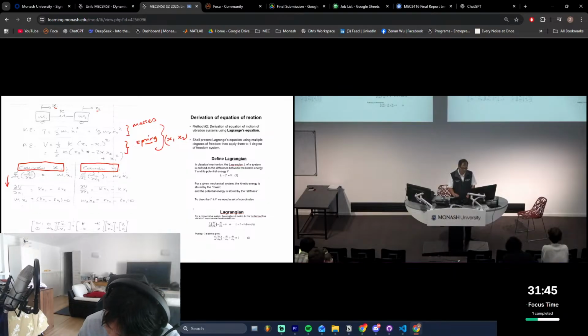So this is m1 x dot 1, m2 x dot 2, and also delta V delta x1, delta V delta x2.